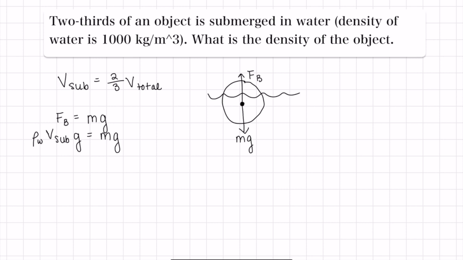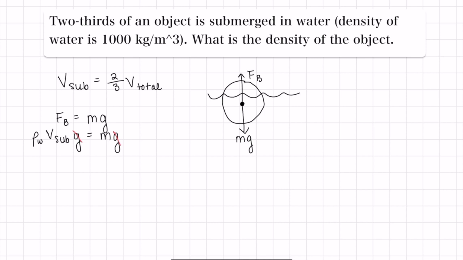We can cancel out g's from either side, but we have to do a little bit of a trick here because we have the submerged volume in terms of the total volume. Since we're interested in finding the density, we can write the mass in terms of the density and the volume of the object as well, and then we could get some things canceling out.